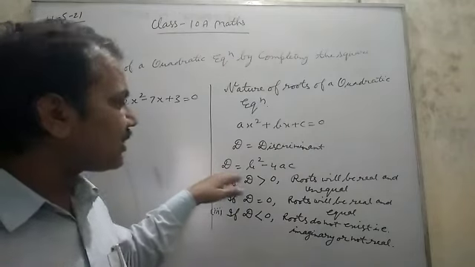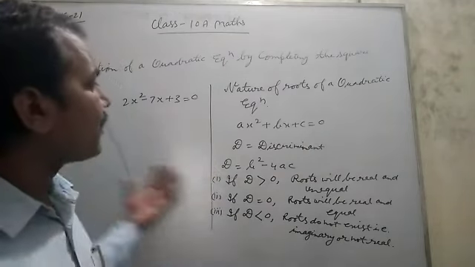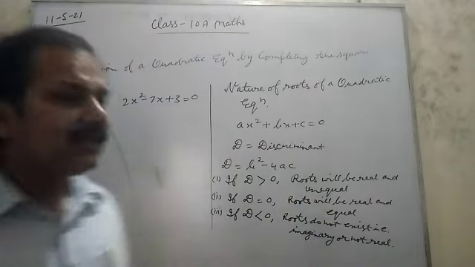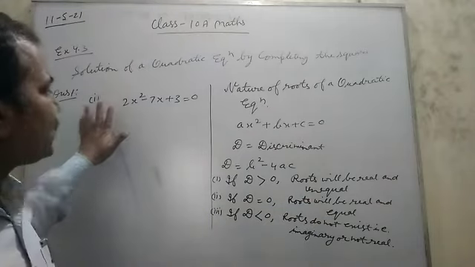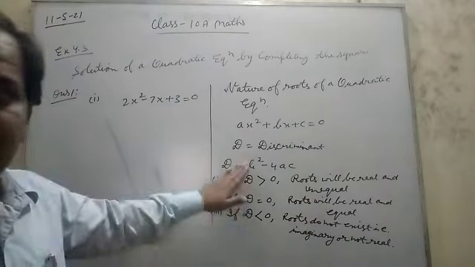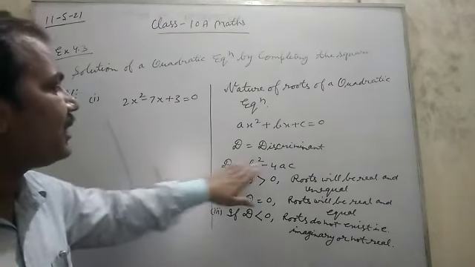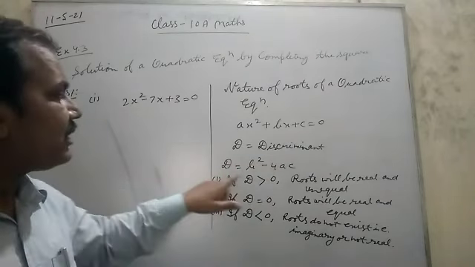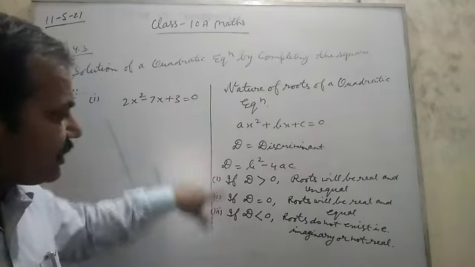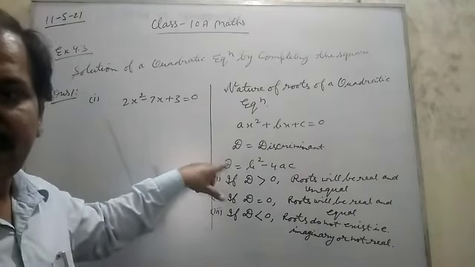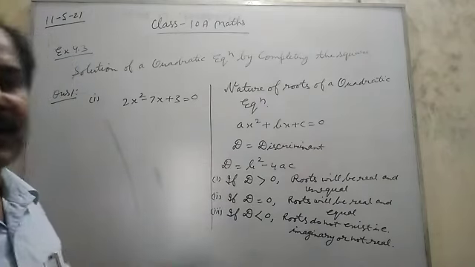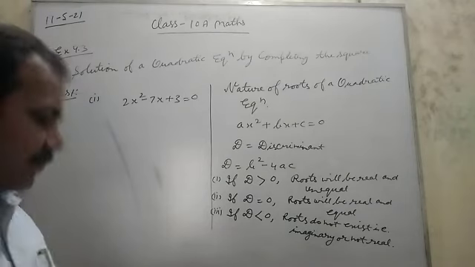Whichever condition is satisfied, according to that the roots will be real or not real. So first we find D, and after finding D we match which condition that D value satisfies.